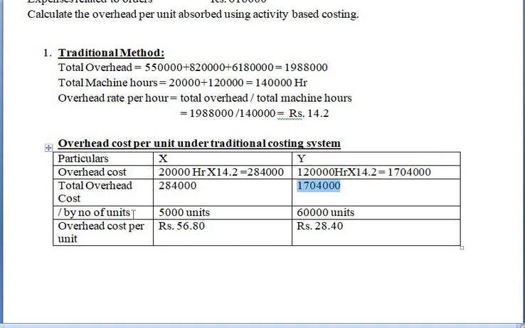So divide cost by number of units. So under X 5,000 units, under Y 60,000 units. You will get overhead cost per unit will be 56 rupee 80 paisa for X and 28 rupees 40 paisa for Y. So this is the method how to calculate overhead cost under traditional system.